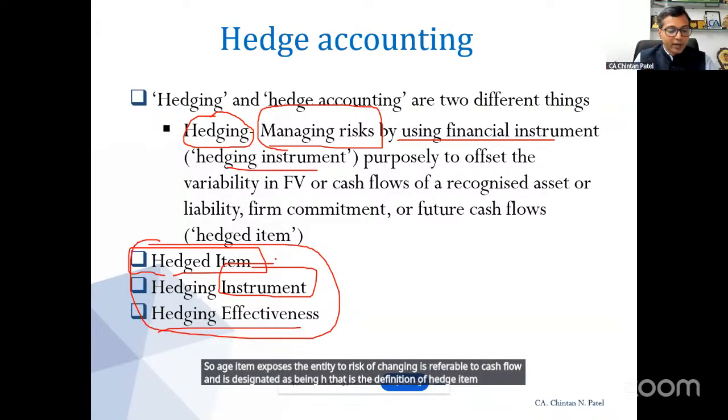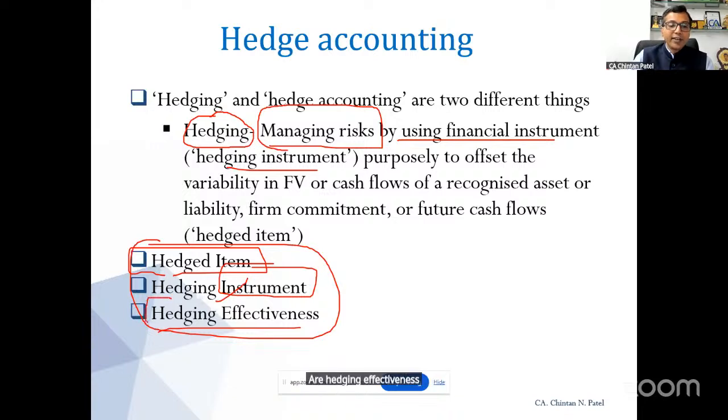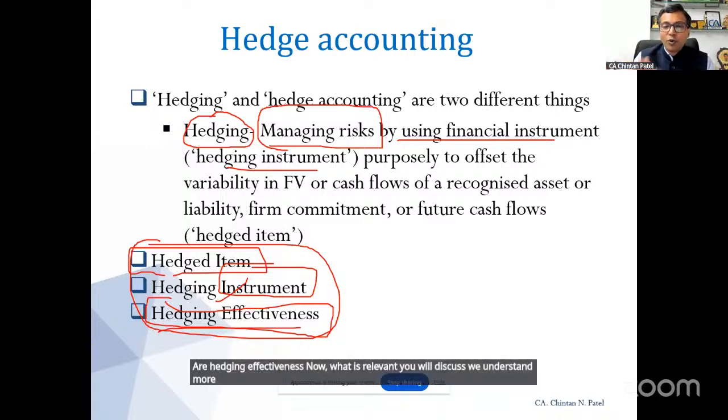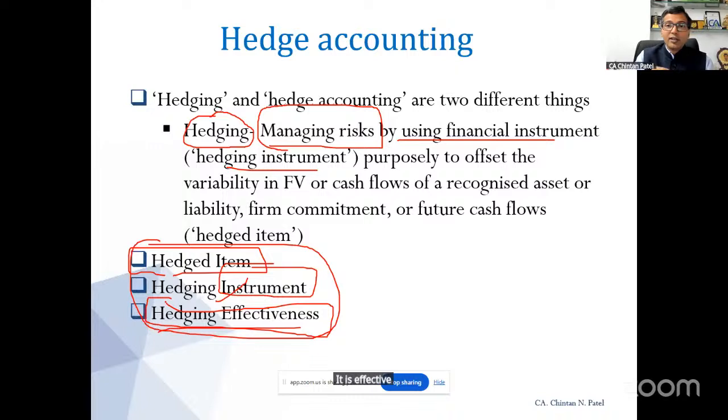Second, the hedging instrument, which we discussed, is the instrument taken to offset that particular risk. And hedging effectiveness. You will understand more about it when we talk about the cash flow hedge. Hedge effectiveness is where the hedging instrument which I have entered into is effective in offsetting the risk generated from the hedge item.